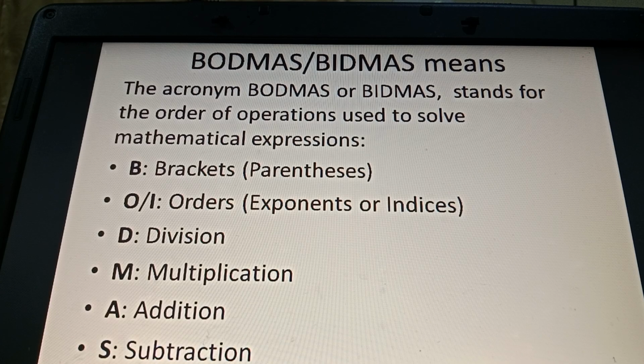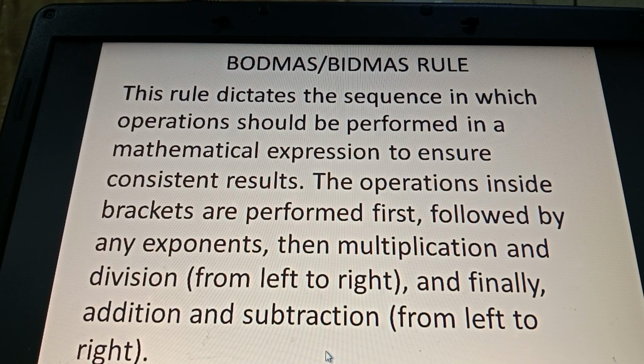A, addition. S, subtraction. The rule dictates the sequence in which operations should be performed in a mathematical expression to ensure consistent results. The operations inside brackets are performed first, followed by any exponents, then multiplication and division from left to right, and finally addition and subtraction from left to right.